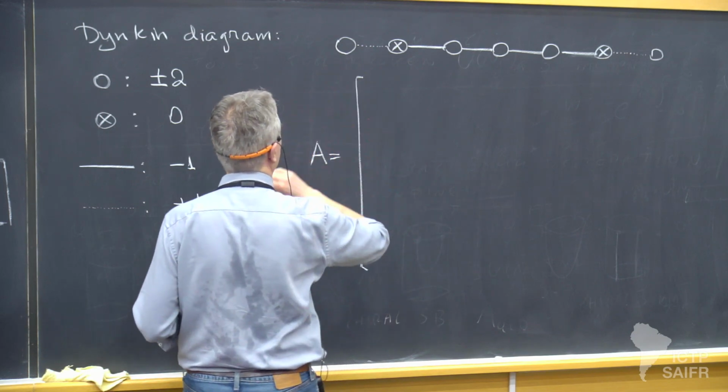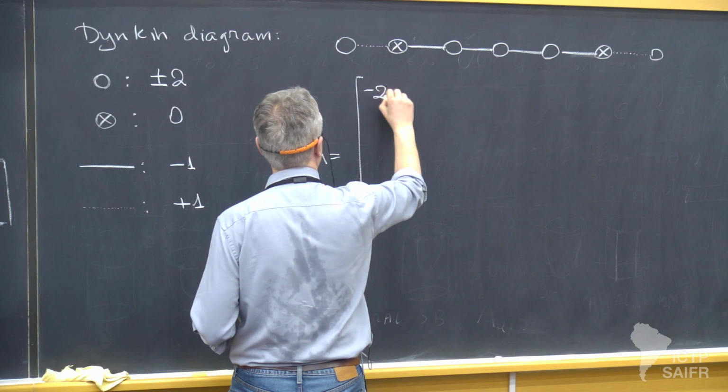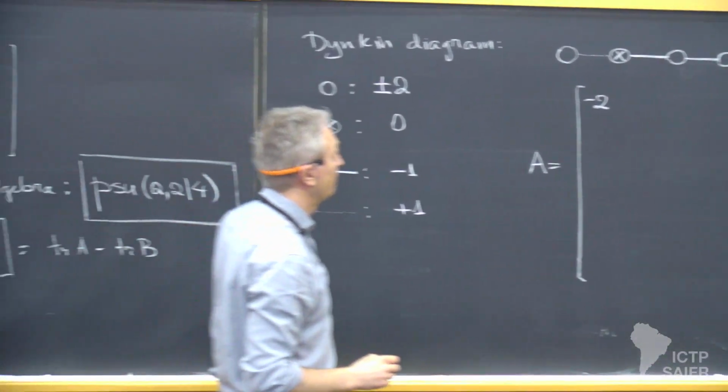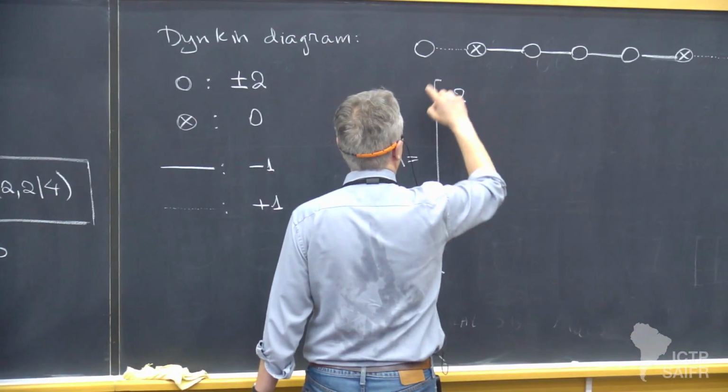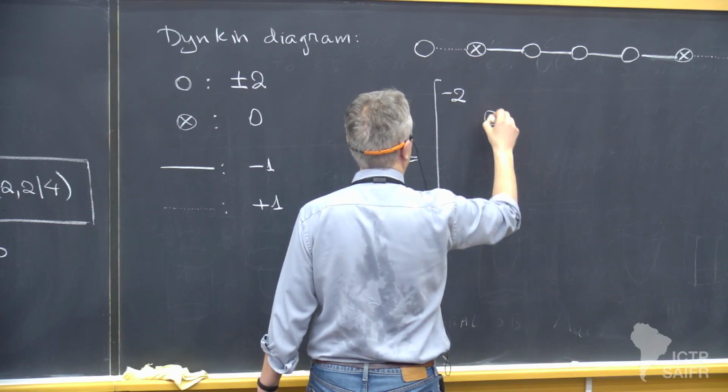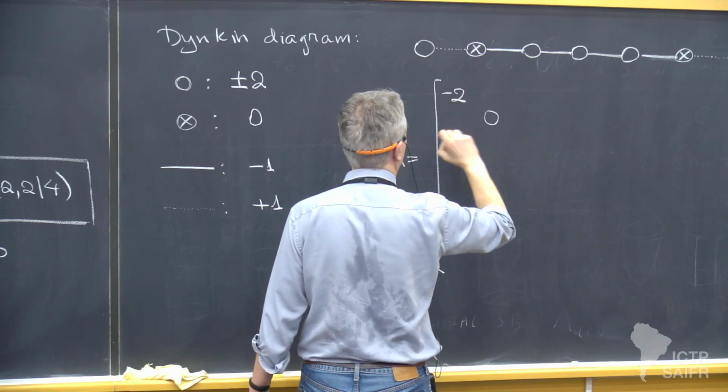So we start with this node. It has a -2 on the diagonal. There is one link to the next node, which is fermionic, so it has 0 on the diagonal.